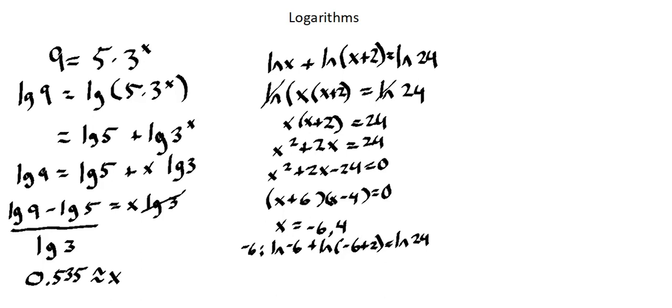Now I don't go any farther because I have in two instances the natural log, or any log for that matter, of a negative number. Obviously the natural log of negative 6, and the natural log of negative 6 plus 2 would be natural log of negative 4. Those aren't possibilities for consideration, so I will eliminate negative 6 as a possible answer. As an important note, don't automatically eliminate negative solutions to variables.